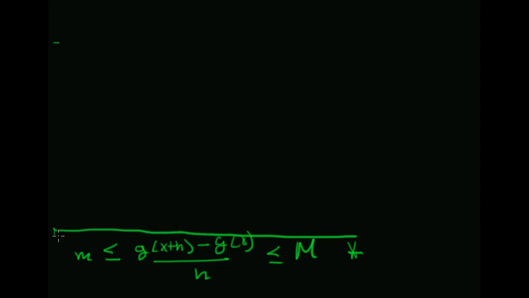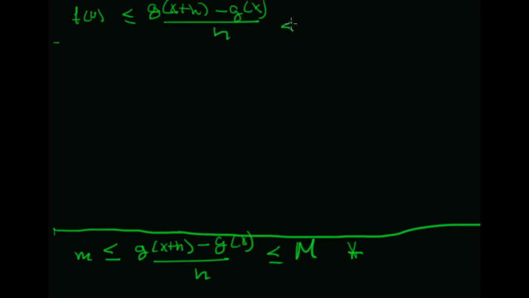So this is where we left off, right? Well, little m was this f of u, and then I have this derivative piece floating around in the middle. And big M was this f of v.